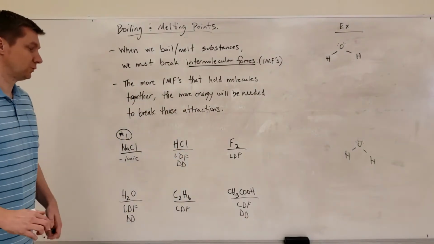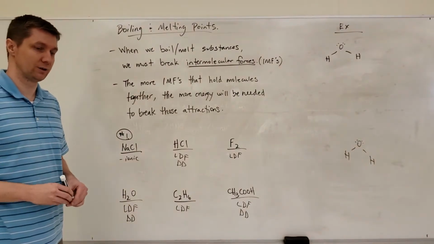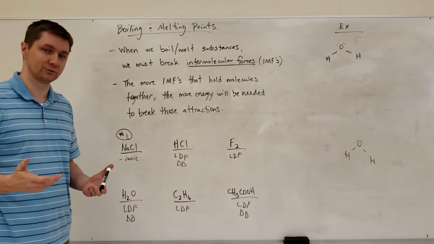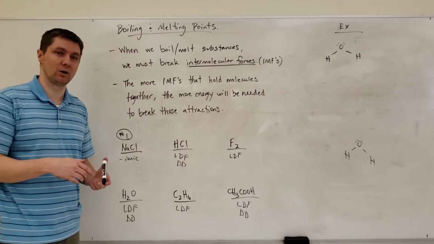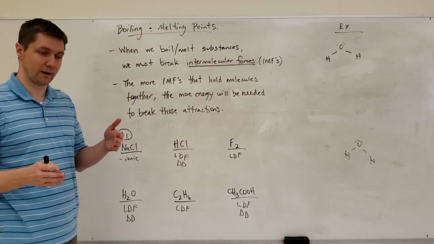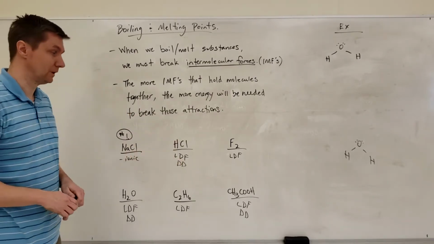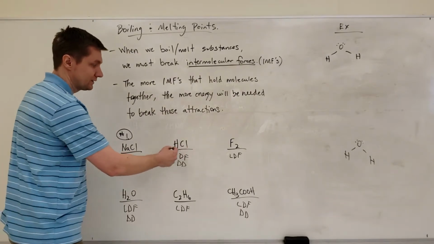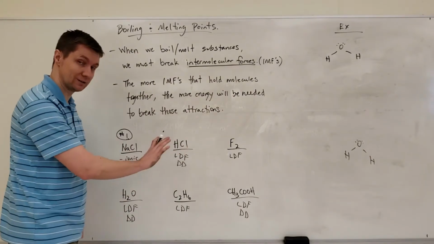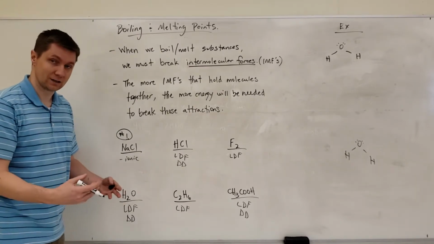Now the last one is which ones have hydrogen bonding. And this one, again, you may have to draw out in order to identify which ones have hydrogen bonding and which ones don't. Remember that hydrogen bonding is only found in molecules that have a hydrogen directly bound to a nitrogen, oxygen, or fluorine atom in the molecule. So hydrochloric acid does not fit that description, so it does not have hydrogen bonding. H2O does have hydrogen bonding.